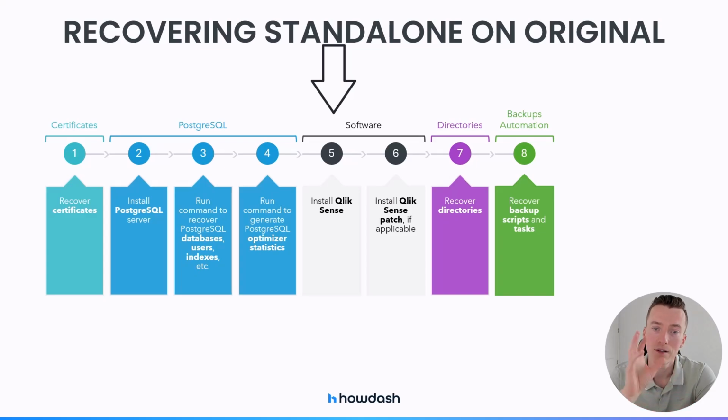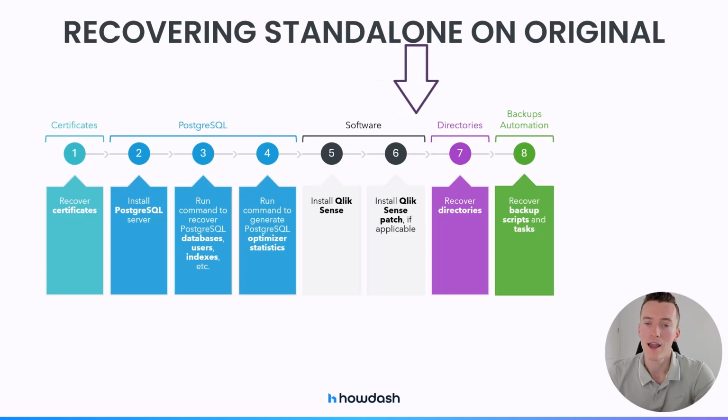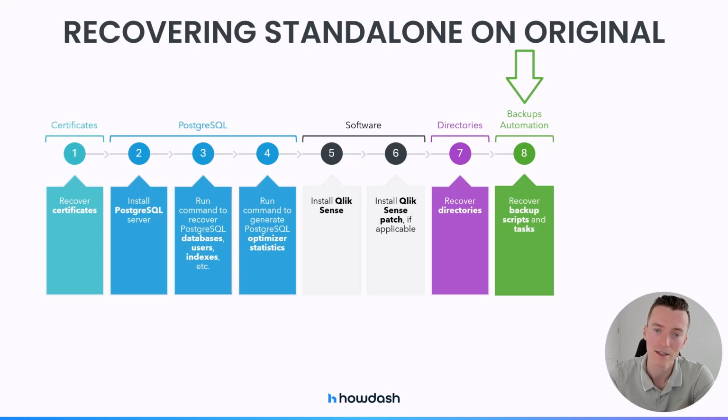Once that's done, you install Qlik Sense patch if your backed up version of Qlik Sense had a patch installed on it, and recover the directories and restore backup scripts and tasks if you have your backups automated.